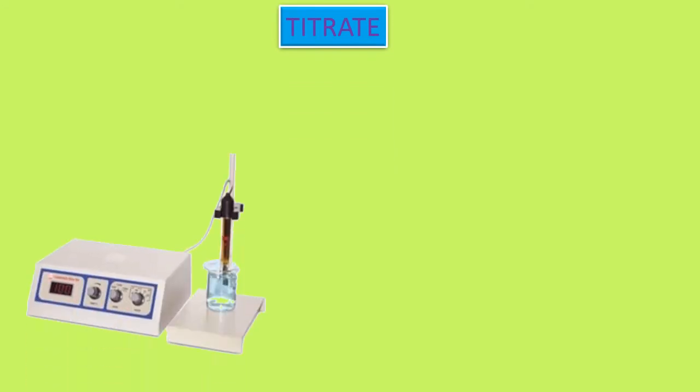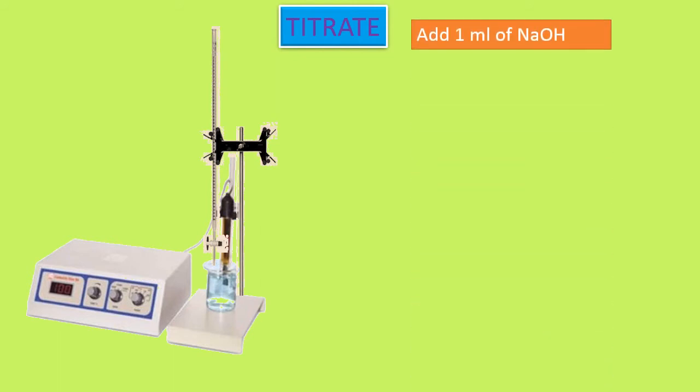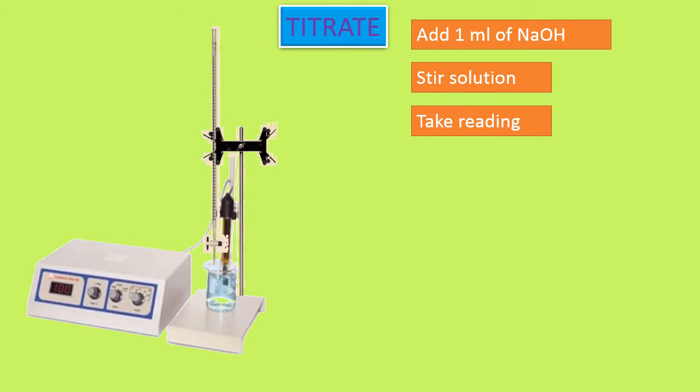Let us titrate. We have kept the beaker as well as the conductivity cell, and now let us titrate. Add 1 ml of NaOH, then stir the solution, magnetic or mechanical stirring, then take the reading and note down the conductance value. Repeat these steps until you get the endpoint.